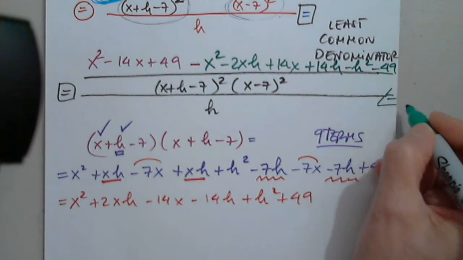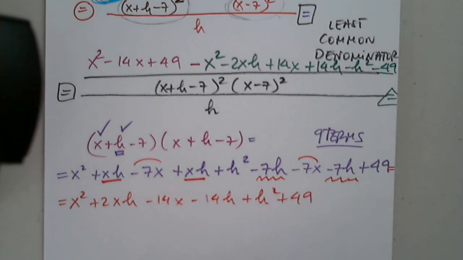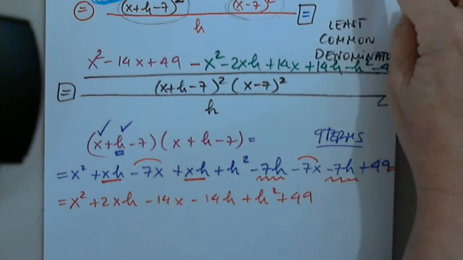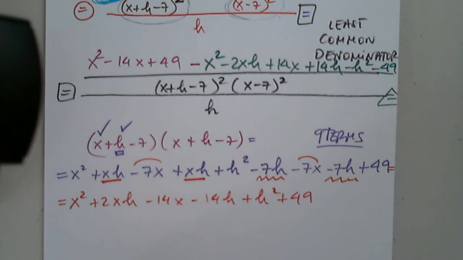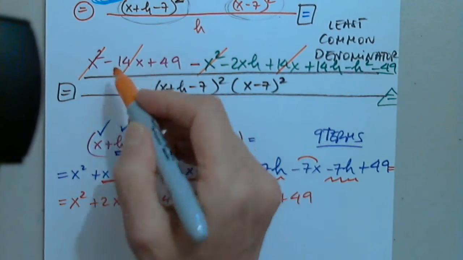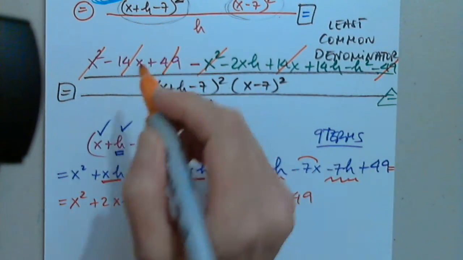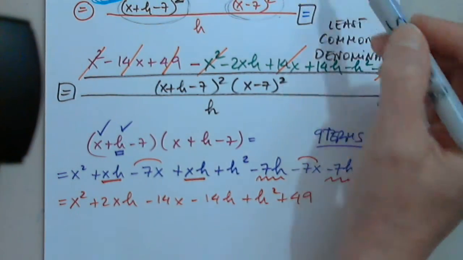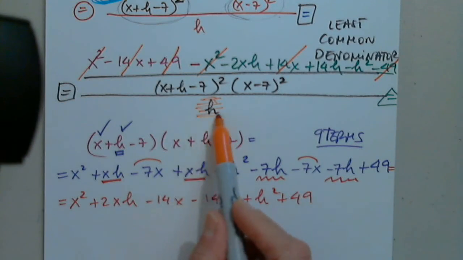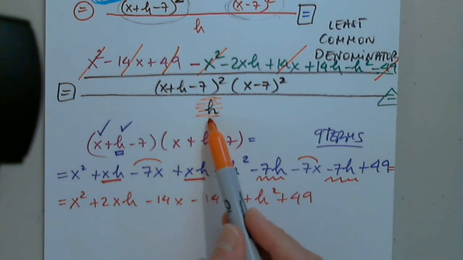Can you believe it? The 1, 2, 3. Number 1, all terms without h, maybe even more, but at least the terms without h must go away. And they are. So 1 is okay.